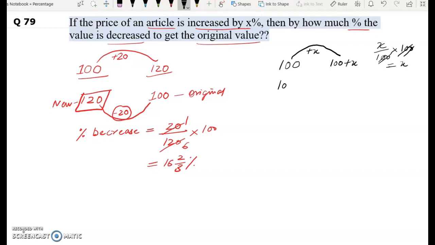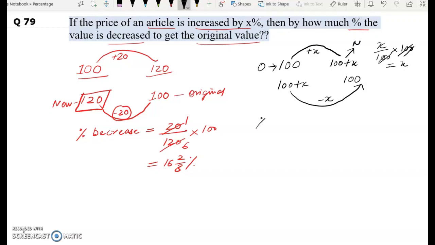So in this question it says this is the old and this is the new. Now it says the new number which is increased, it should be decreased by what percent so that it becomes the original number, which is 100. So we will have to decrease by minus X. 100 plus X minus X units will give us 100.